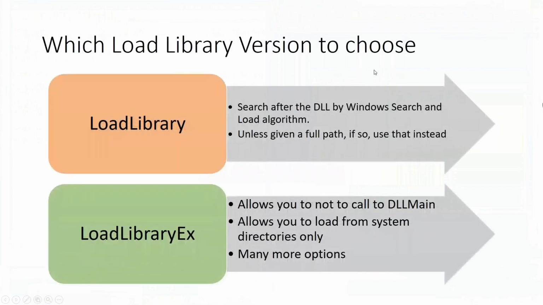So what can we do to combat it? One of the main reasons installers and other programs are so vulnerable to DLL hijacking is because they use an old API called LoadLibrary. LoadLibrary searches for the DLLs using the Windows search and load algorithm, which starts with the current directory and the application directory, unless it's given a full path.